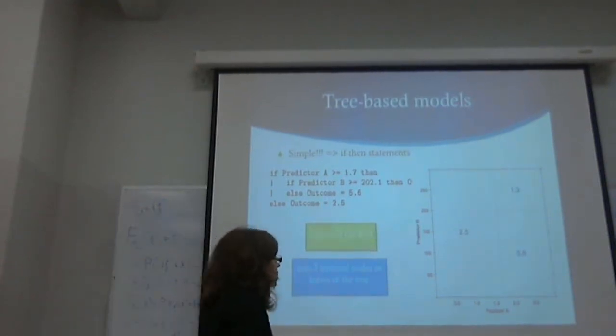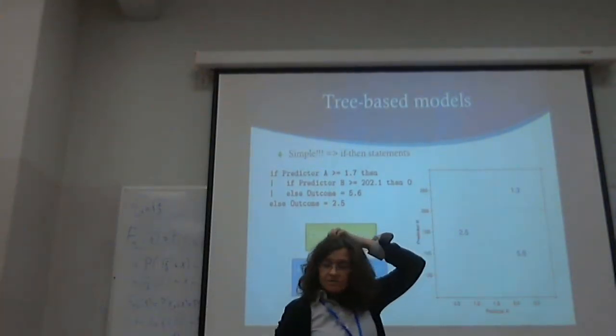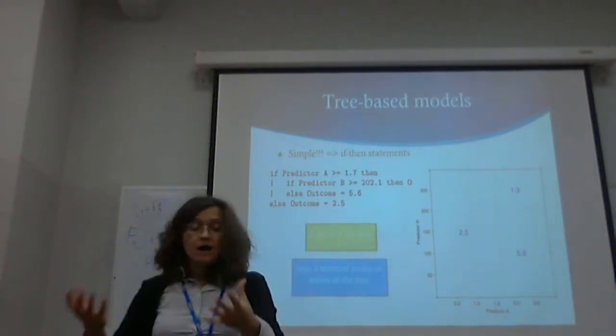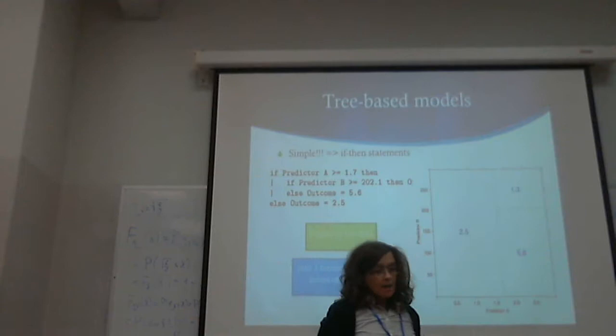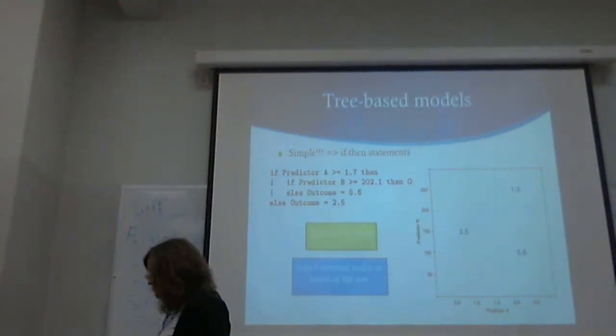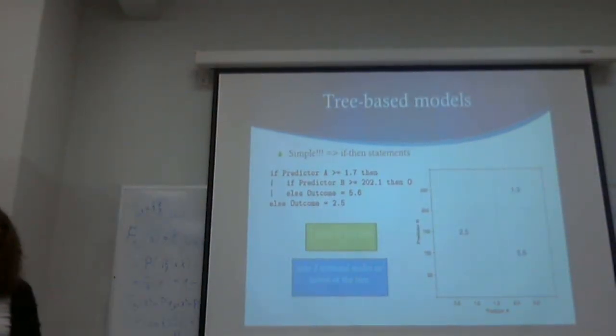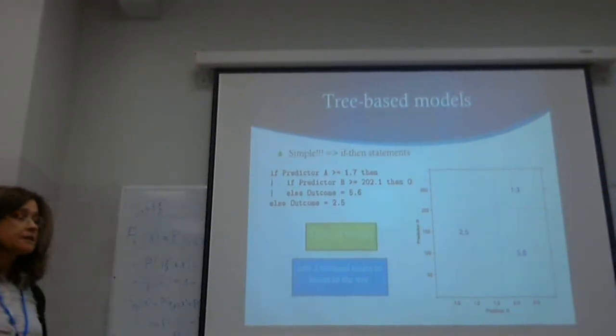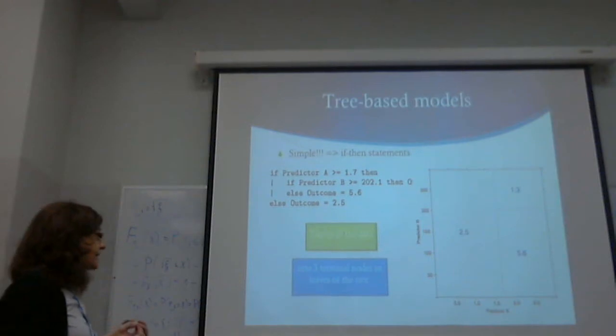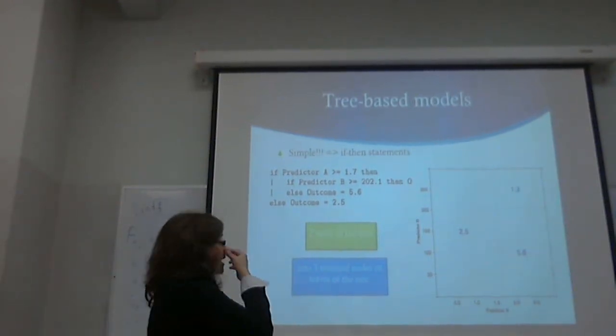When you see that, depending on your predictor's values, the outcome is as depicted here. But of course, you remember that we are doing a regression task. A regression task is when you're predicting exact numerical values.